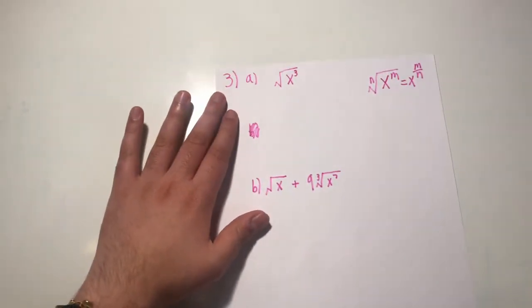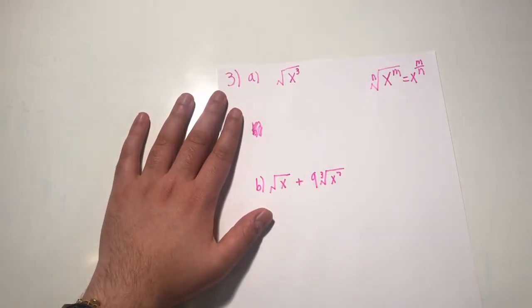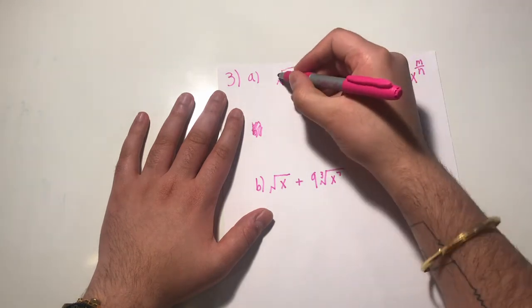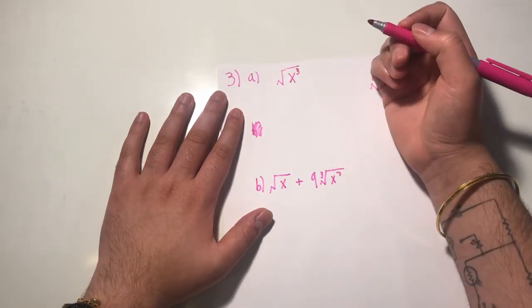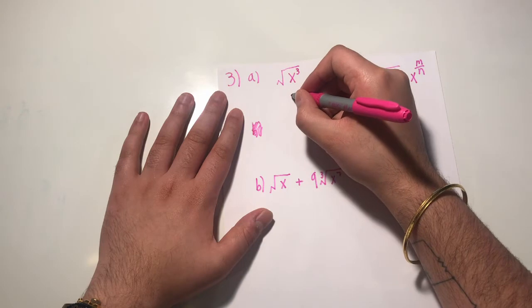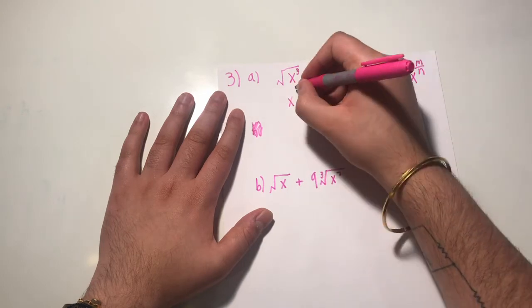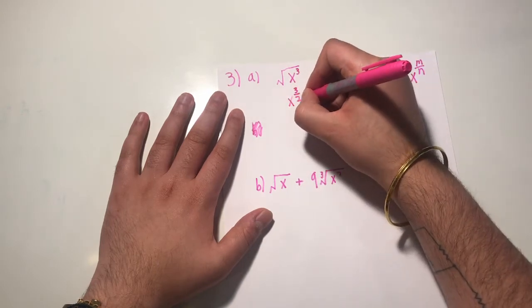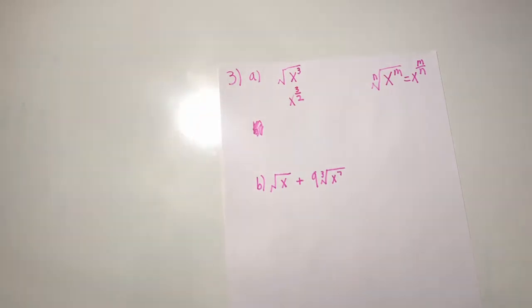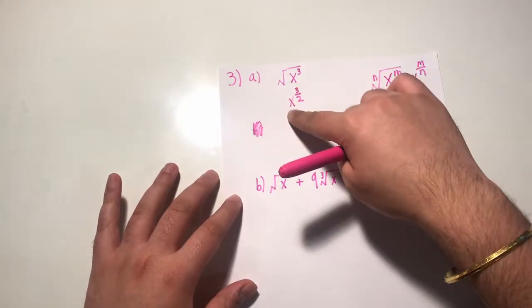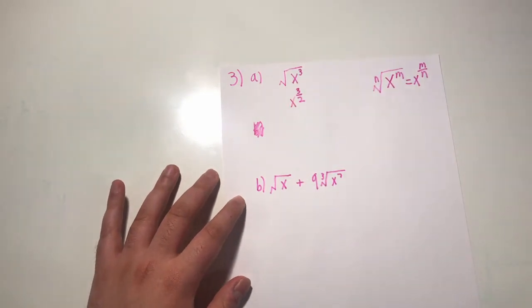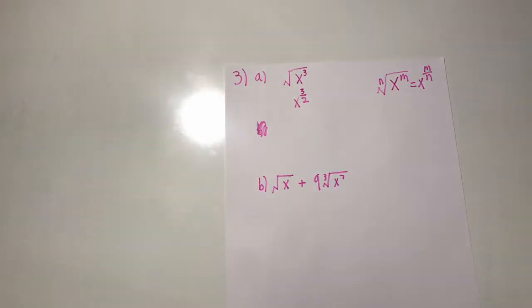Similarly, we can do the same thing here. There's technically a 2 here, it's a square root, so this can become x to the 3 over 2 power. Now it's in the form that we want: there's a 1 out front times x raised to some number power. So now we can use the power rule.